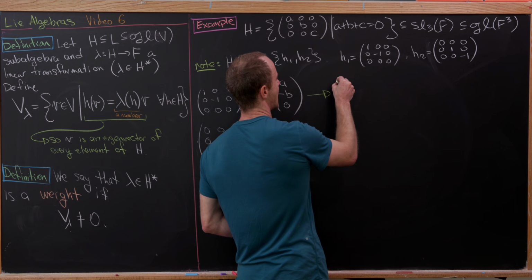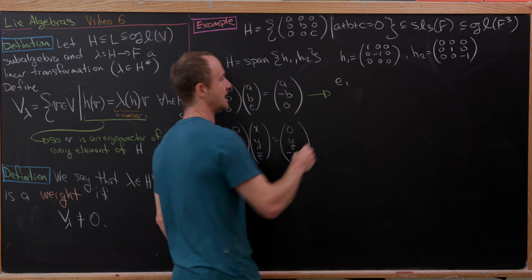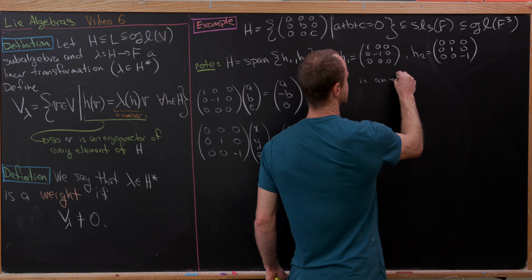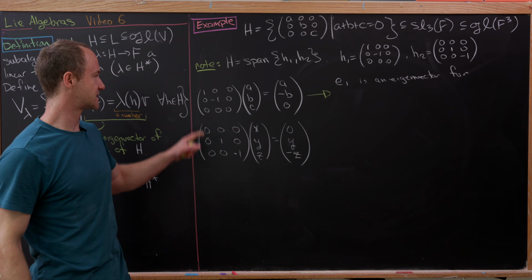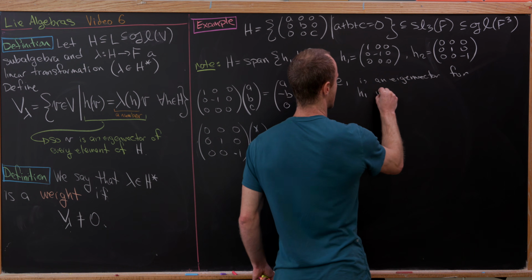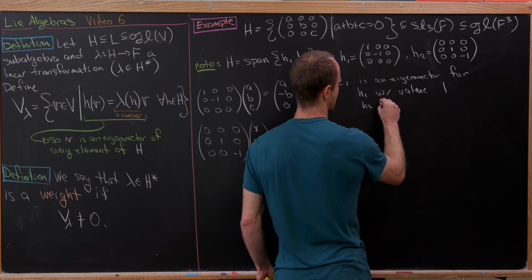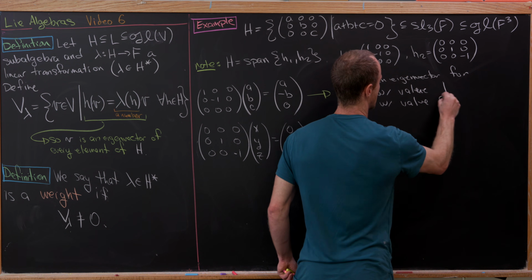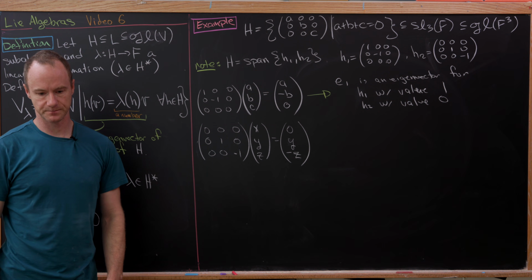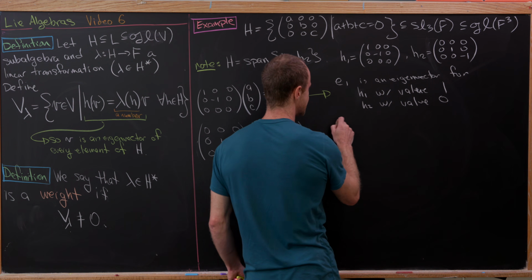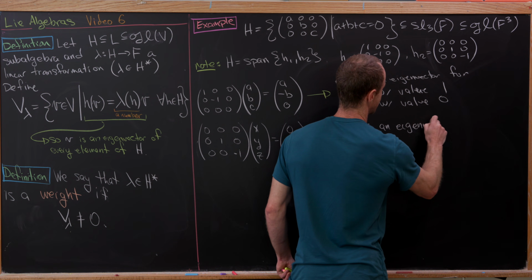So let's notice that E1, which is the vector 1, 0, 0, is an eigenvector for, in fact, both of these. It's an eigenvector for H1 with eigenvalue 1, and it's an eigenvector of H2 with eigenvalue 0. And you can see that just by direct calculation. And then maybe we'll redo this with E2. In fact, it's an eigenvector for both.